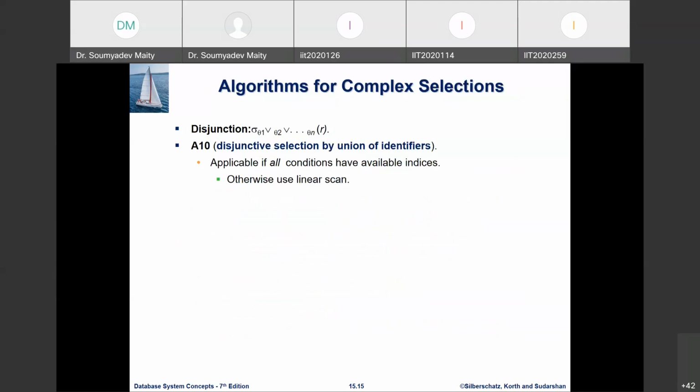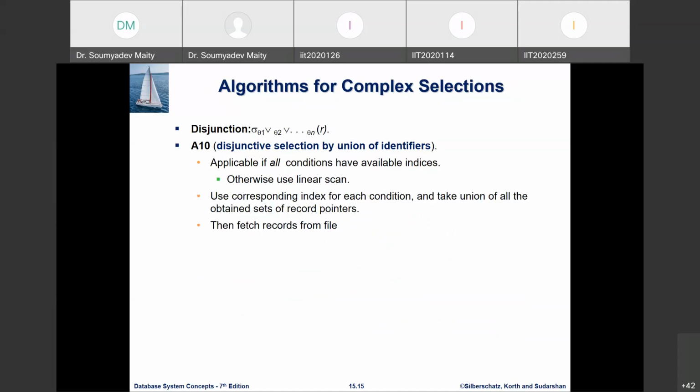Similarly, if you have to do a disjunction operation, theta 1 or theta 2 or theta n, of course one option is linear search. Another thing you can do: like in conjunction we need intersection, you can do union here, because you know AND is equivalent to intersection and OR is equivalent to union.